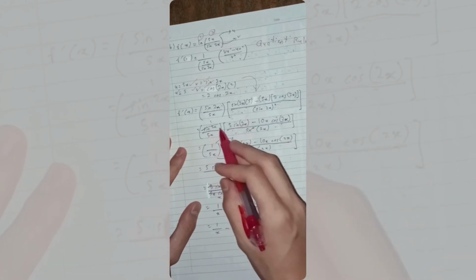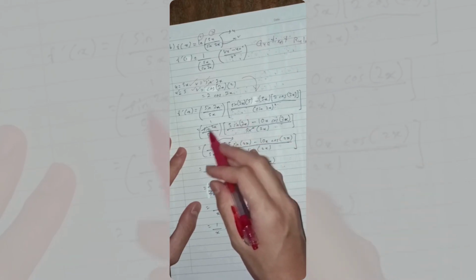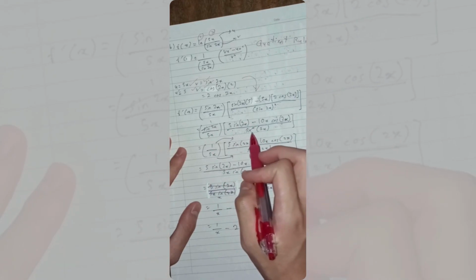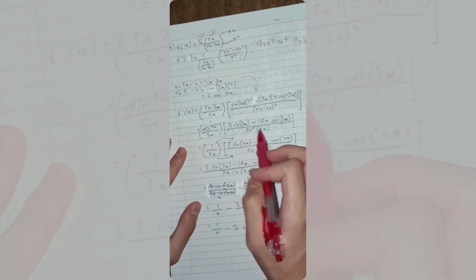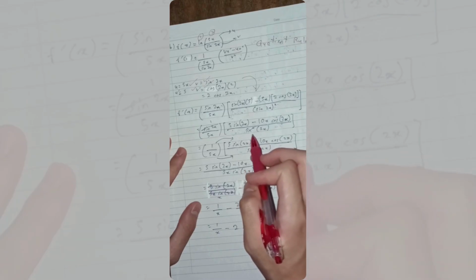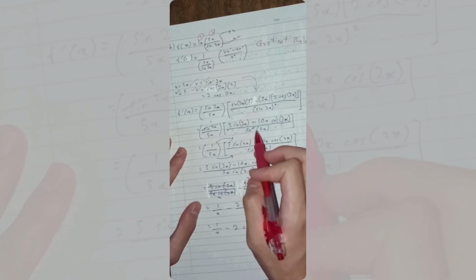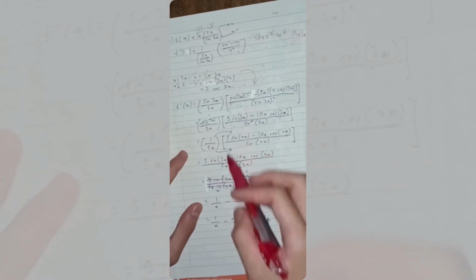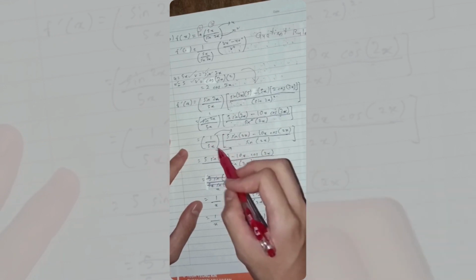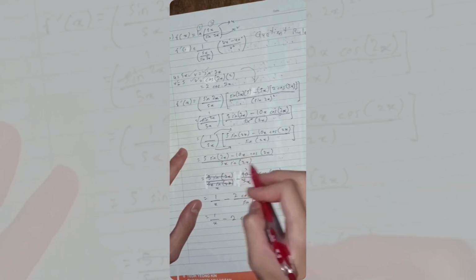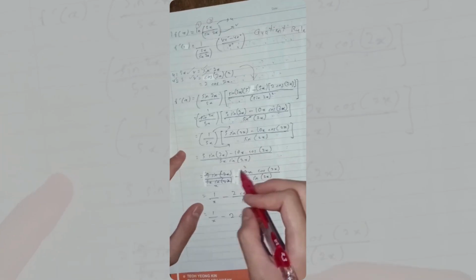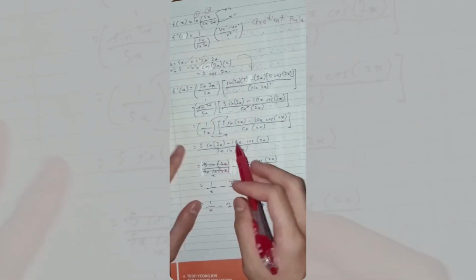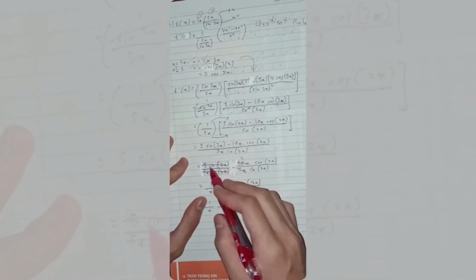After that, we can simplify it. We remove one sin x and one more sin x from here. Remember, it has two sin x over here, so we can remove one. And this one, we can multiply just like usual. You will get this. And after that, we separate it and we will get this.